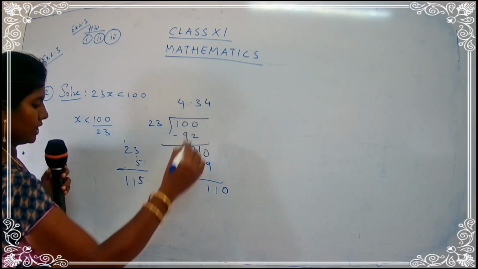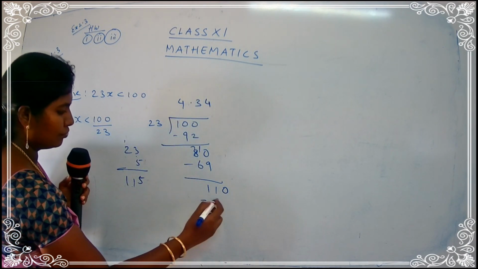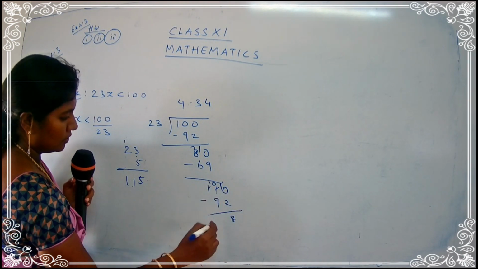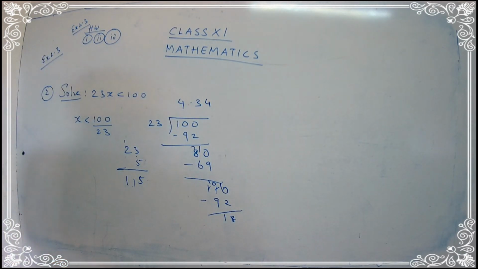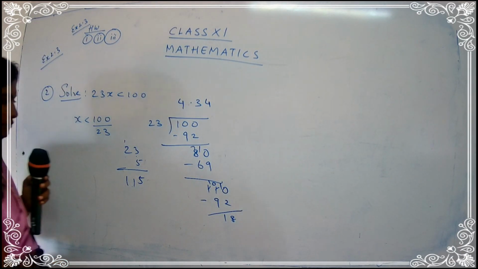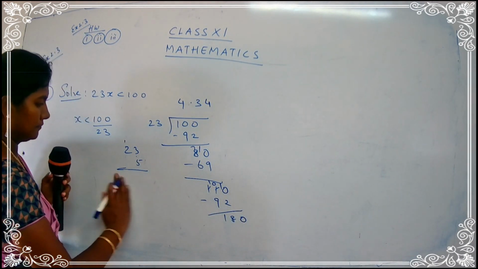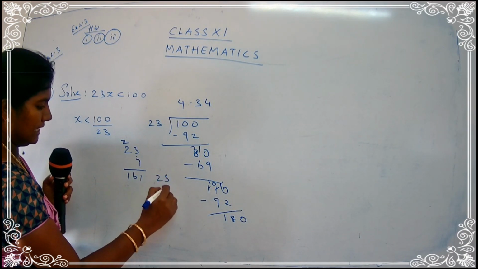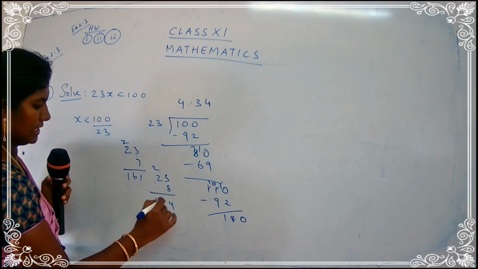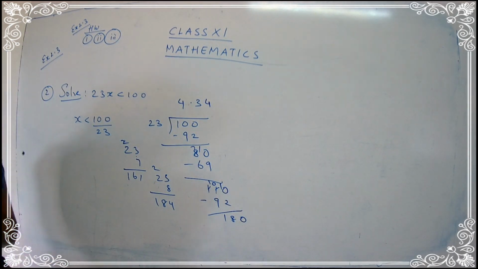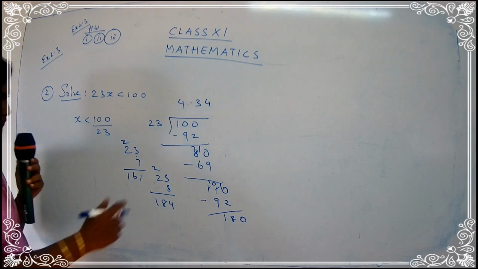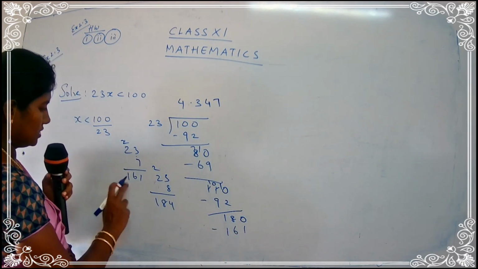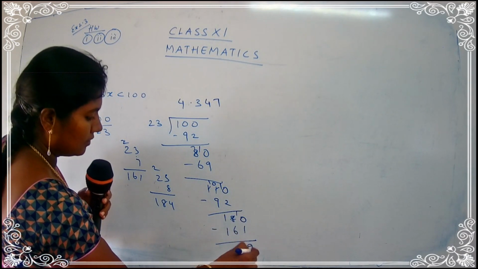I have to take 4 again. 92, 8, 0, 18, 180. 7 times 23 is 161, and you get 9, 7, 1.